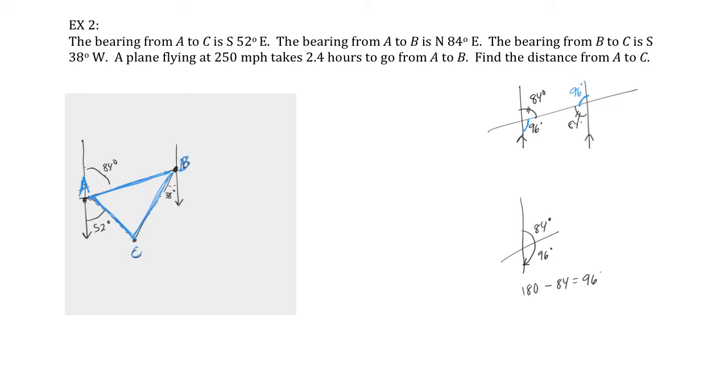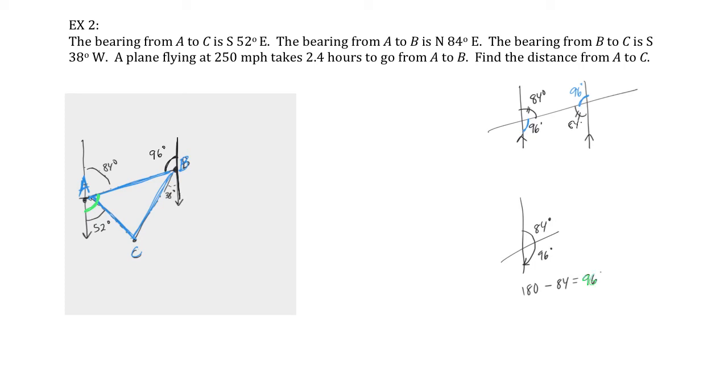So based on that, I know this angle right in here is 96 degrees. Right, because this here is 96, because 84 and this green angle have to add up to 180. So there's my 96.